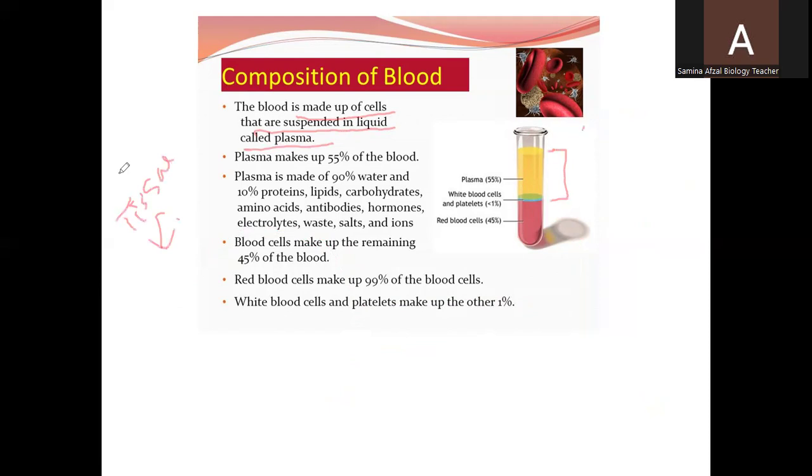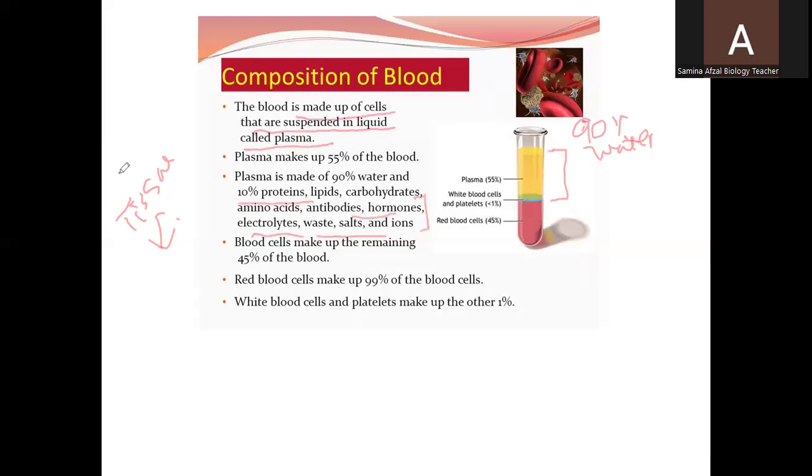Plasma is 90% water, though the percentage can be 90 or less than 90, it depends. The other 10% is proteins, lipids, carbohydrates, amino acids, antibodies, hormones, electrolytes, waste products, salts, and ions.